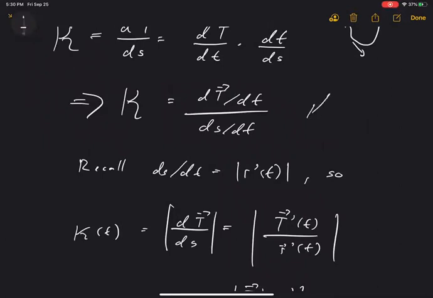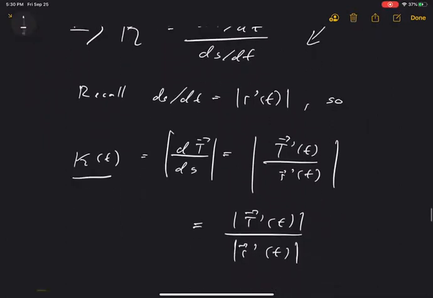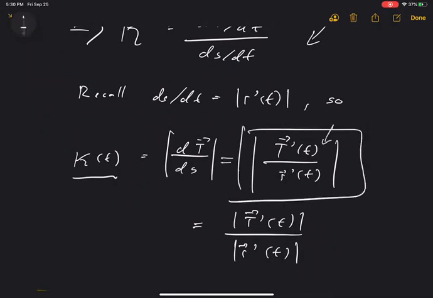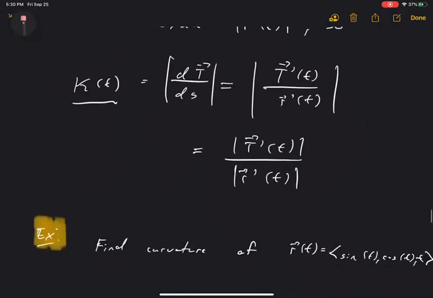So we can simplify this even further. My curvature at parameter t, this is the theoretical way to say it, is dT/ds. In practical terms, that's going to be the derivative of the unit tangent vector over the magnitude of r prime of t. And notice I'm taking the magnitude of the top and the bottom.